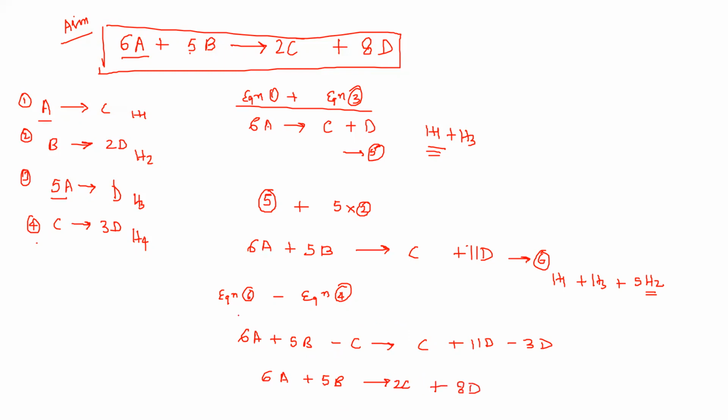And what we have done to this, we have subtracted equation number 4. So the same thing we are going to do with the heat as well: H1 plus H3 plus 5H2 minus H4. That is the heat of the aim equation, the heat of this particular reaction.